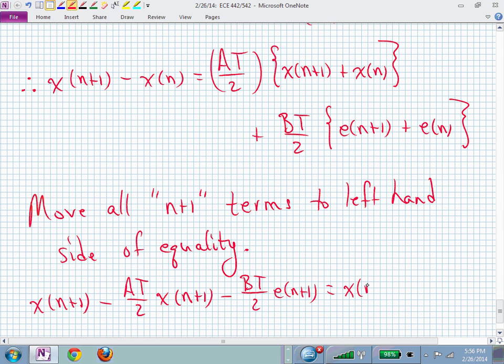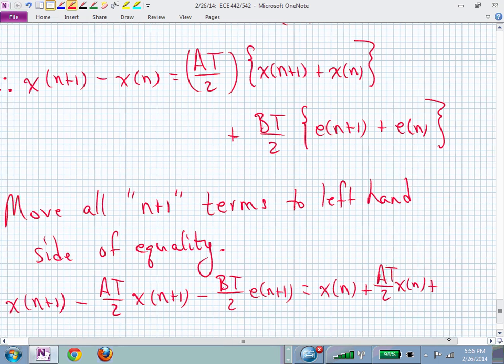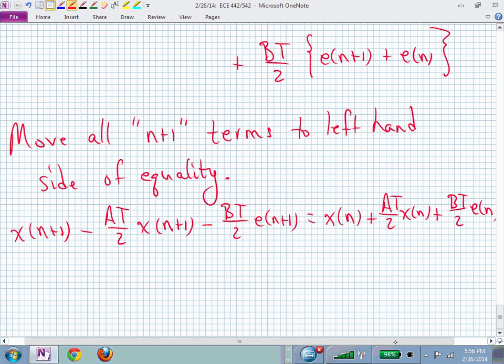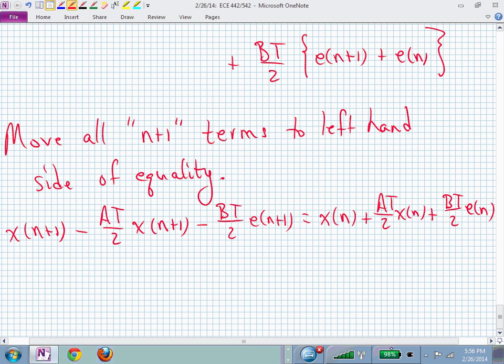I have x of n plus AT over 2 x of n plus, I'm going to stretch my paper, BT over 2 e of n. So everybody, that's just algebra.